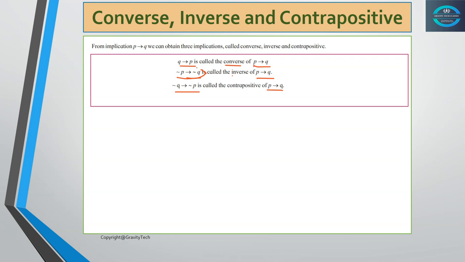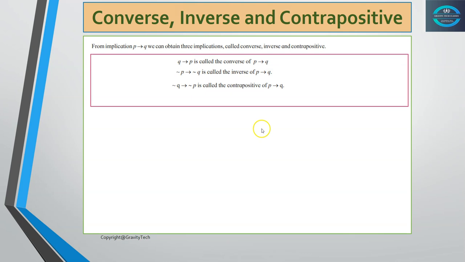So remember, the converse of P implies Q is Q implies P. The inverse is negation of P implies negation of Q, and the contrapositive is negation of Q implies negation of P, right? So this is how it is.